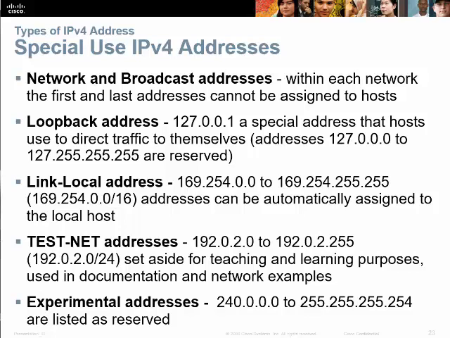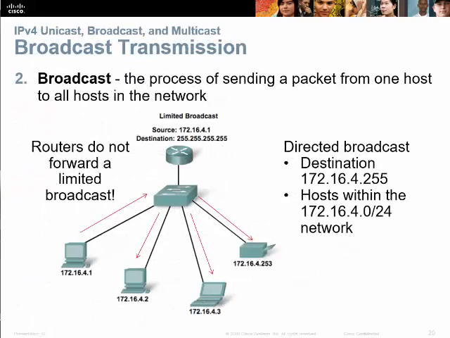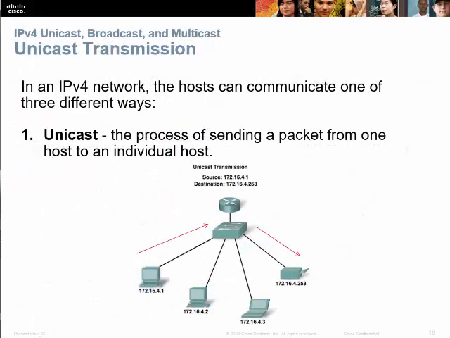Now, that is about IP addresses. Now we have what is called types of transmission. In IPv4 we have unicast, broadcast, and multicast. In an IPv4 network, the host can communicate in one of these three different ways.